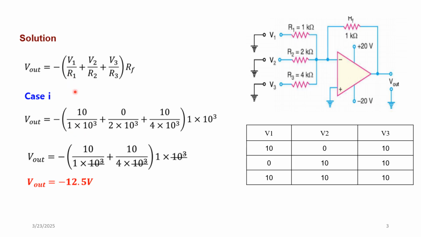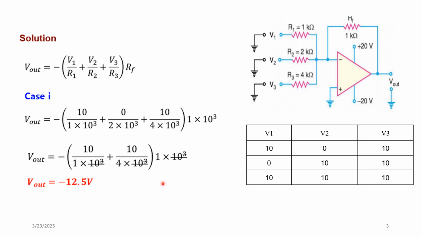V1 by R1, so 10 divided by 1 kilo ohm, 1 into 10 power 3, plus 0 volt as given for V2 divided by 2 into 10 power 3, plus V3 as 10 volt divided by 4 kilo ohms, so 4 into 10 power 3, close the bracket, and RF value as 1 kilo ohm. If you simplify this, the answer is V output equals minus 12.5 volt.